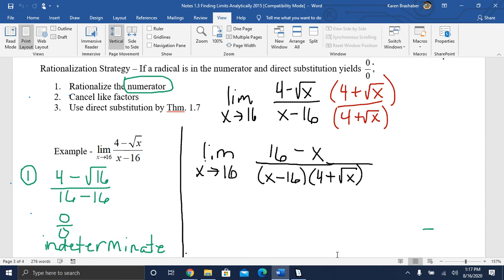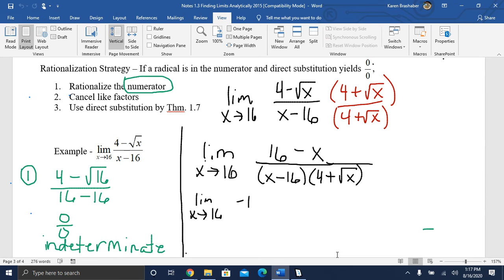And now we want to see if there's anything that we can cancel. Well, we could take the 16 minus x. Now, for the purpose of this video example, I'm going to go ahead and show you what's going on.